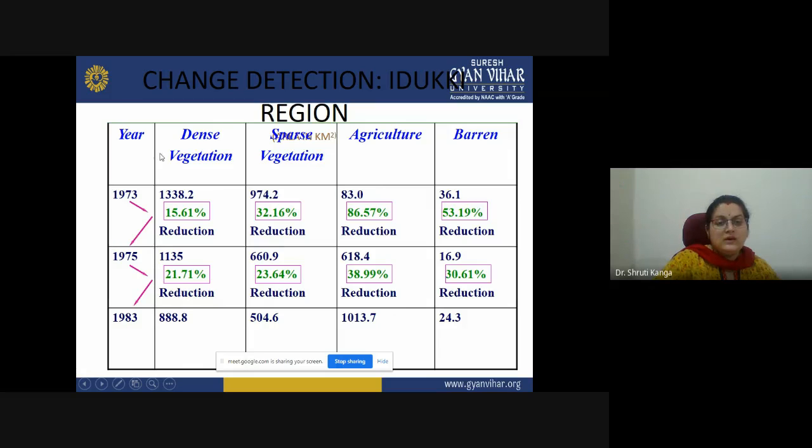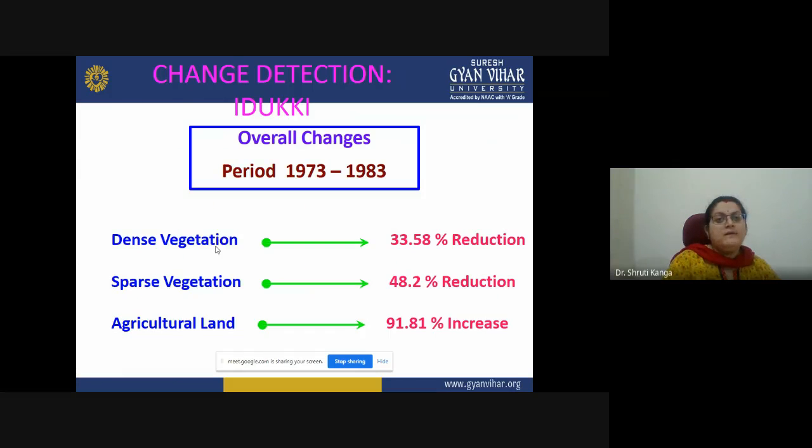But if you see, this is our main point. The land use, land cover has changed. So the landscape has changed from maybe dense forest to some extent to agriculture activities. Clear? Then we have this change detection.